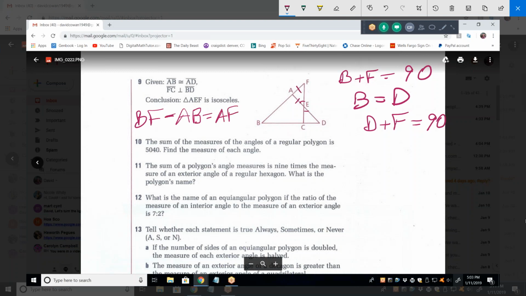True statement? And also, AB is the same as AE. So I can say BF minus AE... No, that's what I'm trying to... AD. So this has to be true because AB is equal to AD.